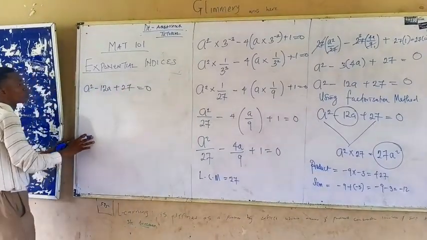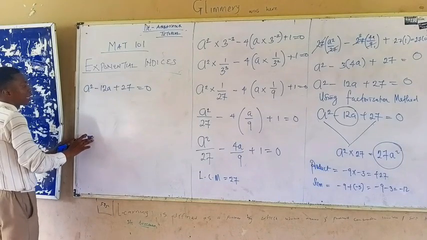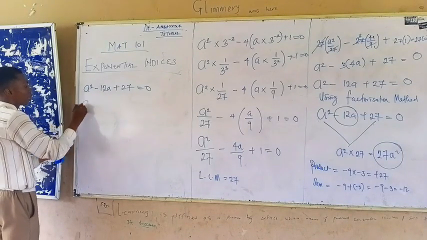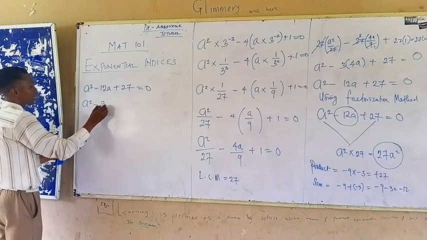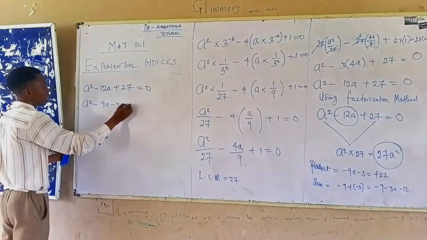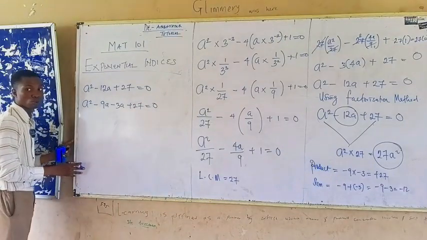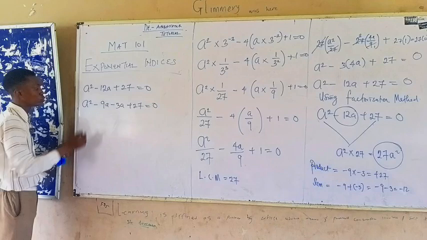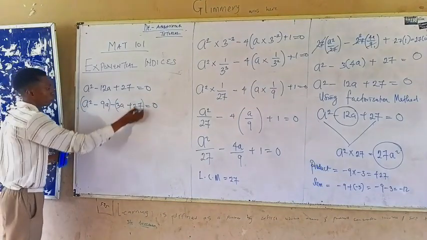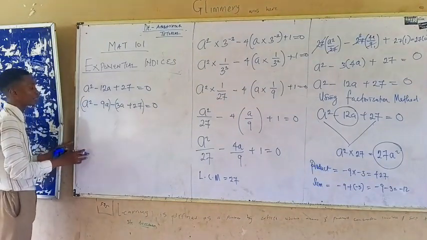So when you try to input the value of your minus 9 and minus 3 into the middle term, I'm going to have a squared minus 9a minus 3a plus 27 equal to 0. Then the next thing to do, you group them in 2. So grouping them in 2, I have it as a factor.